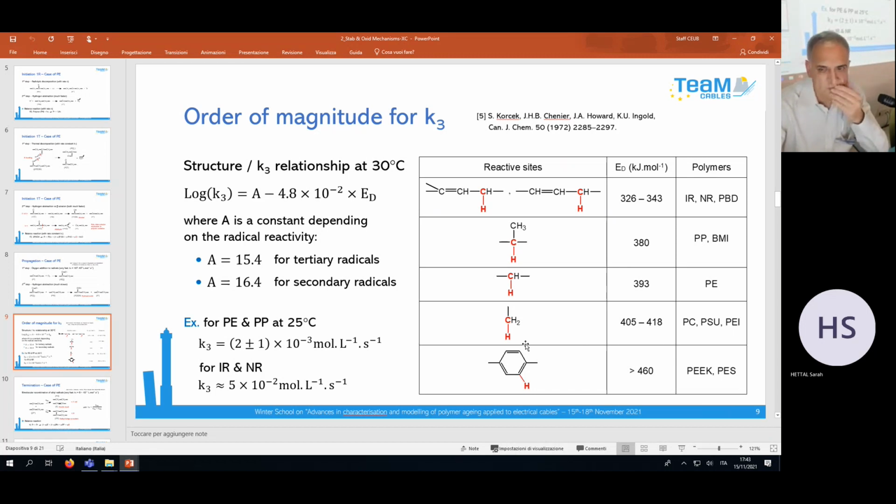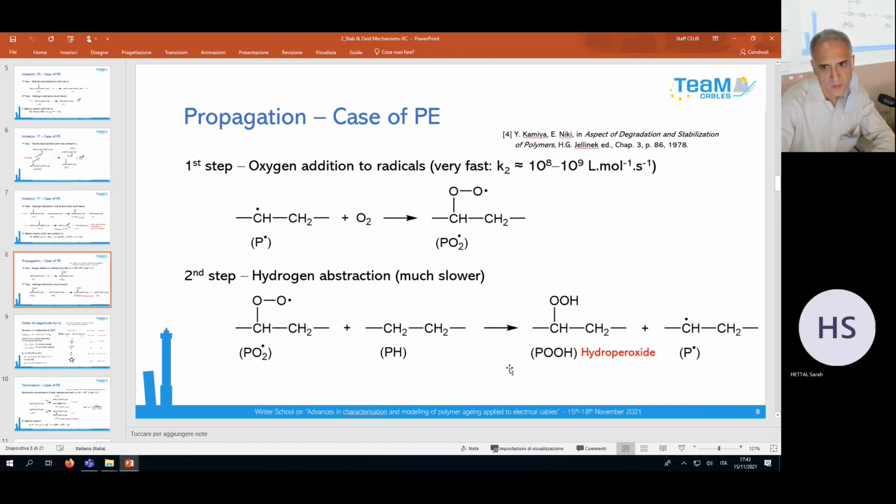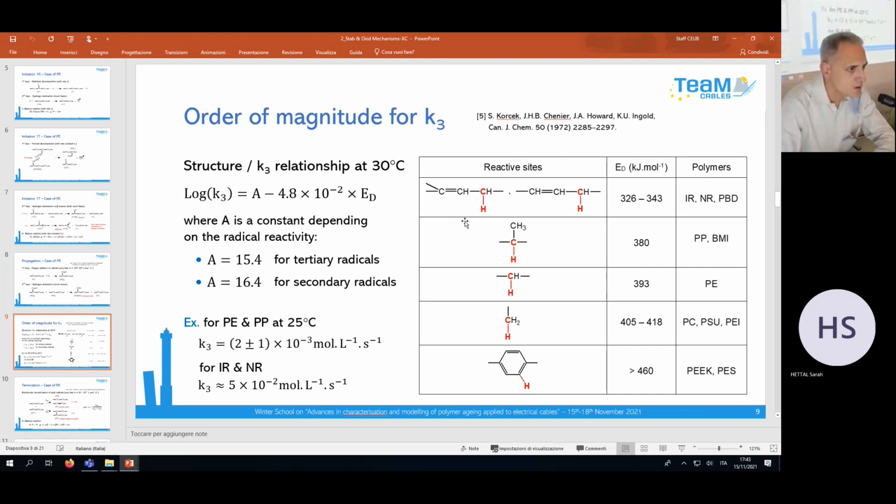Okay, indeed, PEEK is very difficult to oxidize. It's very, very difficult, but it is possible because recently we did a study on PEEK, and in fact, if you increase the oxygen partial pressure, you work at 10 bar, 15 bar of pure oxygen, you accelerate the propagation, this reaction here, and so you can observe the degradation of PEEK.